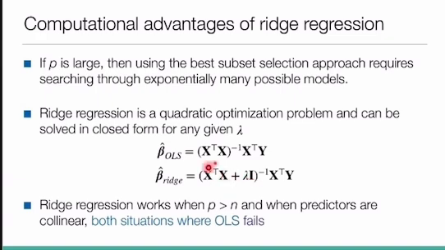And let me tell you this. Do you know there are situations where there exists an extreme or severe case of multicollinearity? The OLS is going to break down. When the number of features is more than the number of observations, we expect the ordinary least square to break down.